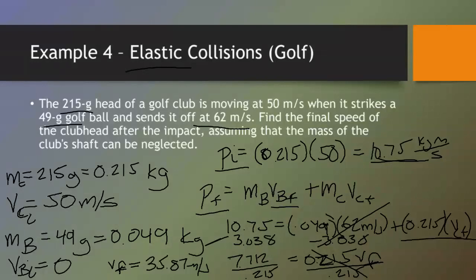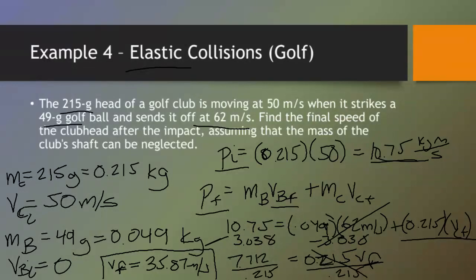So the golf club continues in the same direction after it strikes the ball, but it slows down because it gives some of its energy essentially to the ball, allowing the ball to move. But regardless, the total momentum of the system is still conserved after the collision is over.